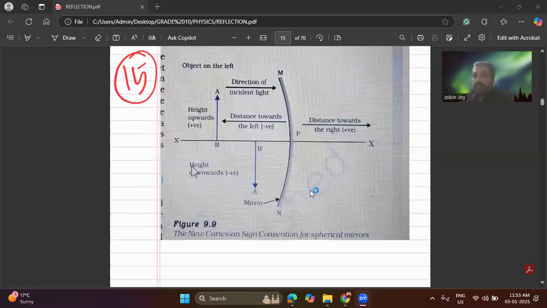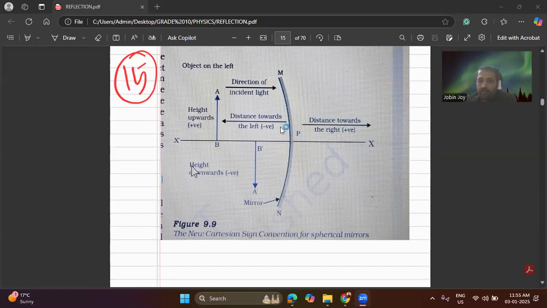Then sign convention, this is very important. We have two types of problems. Surely in your exam, two questions from mirror formula and magnification. So you can expect problems from mirror formula and magnification.